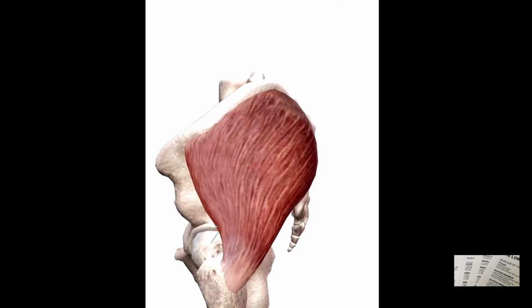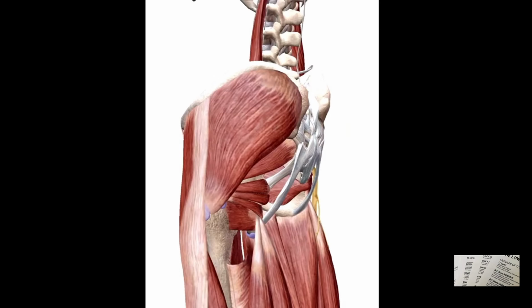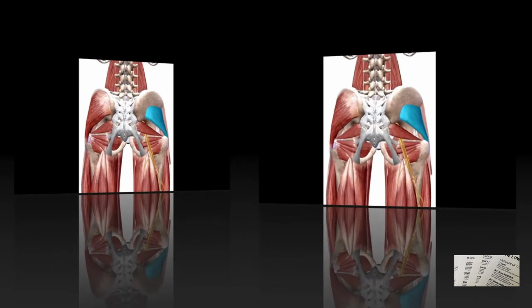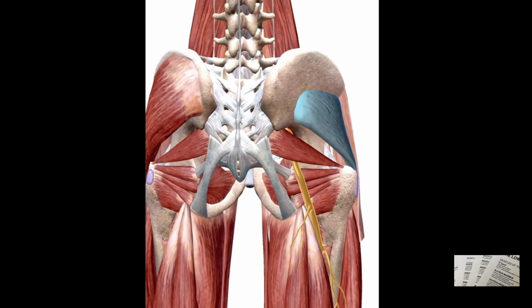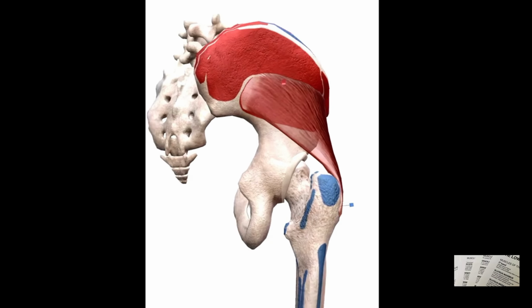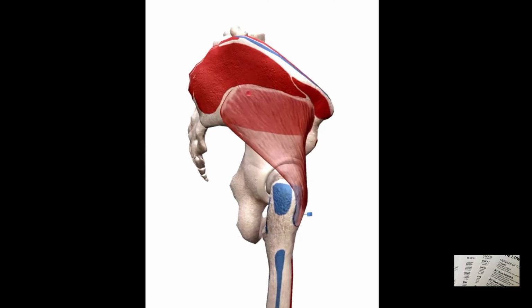Gluteus medius. Let's look at the gluteus minimus. All right, this muscle here. Gluteus minimus. Origin, insertion, action, innervation for the gluteus minimus. What is the origin for the gluteus minimus? You can see where it originates there on the, that's right, gluteus minimus originates on the dorsum of the ilium.